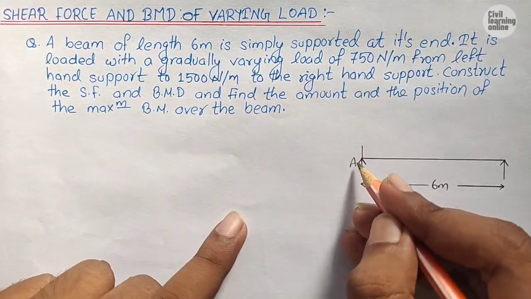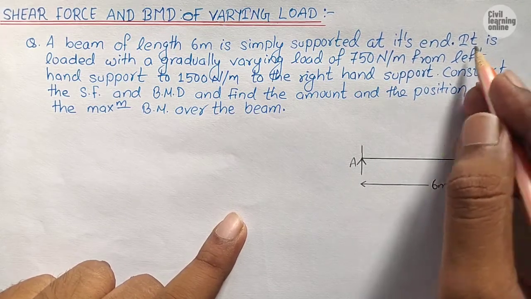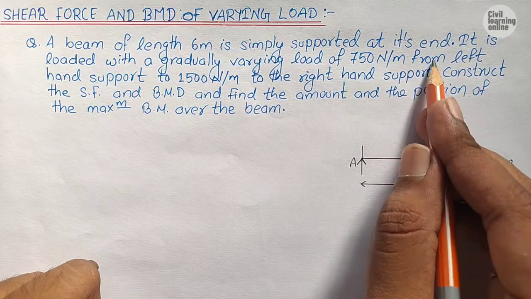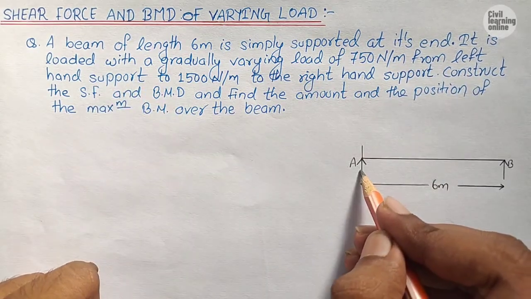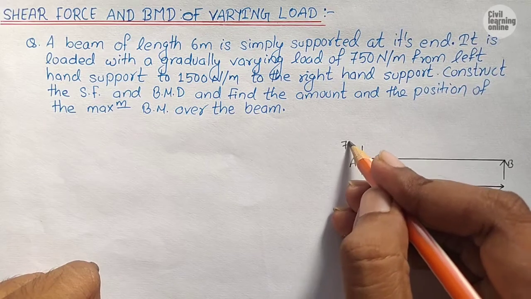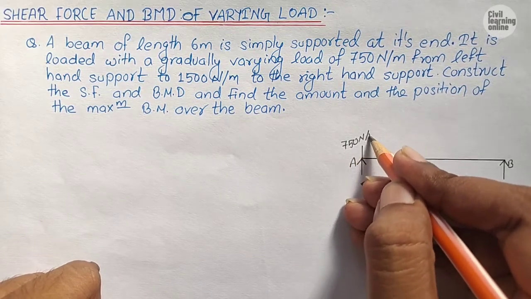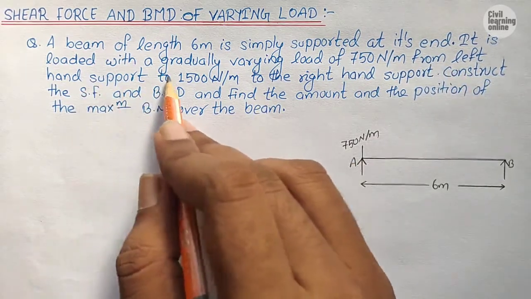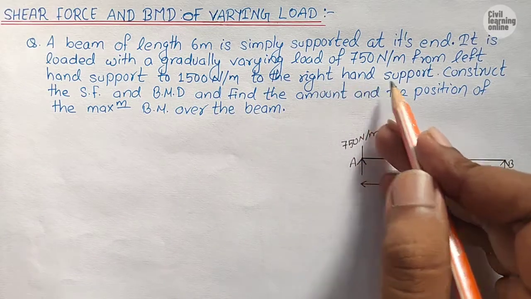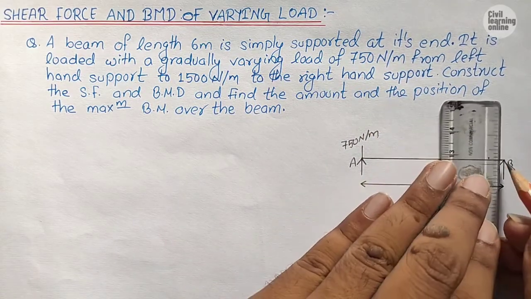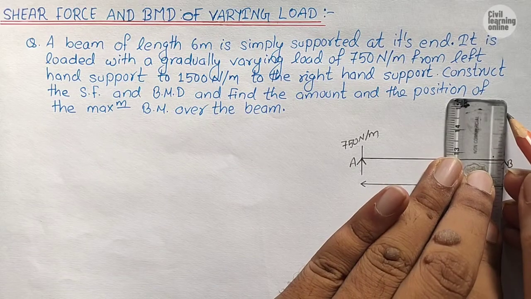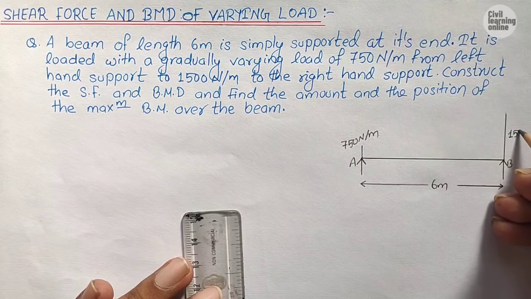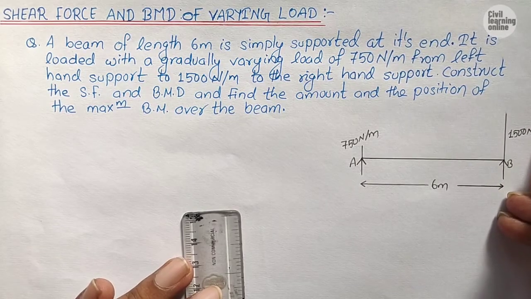Let the ends be A and B. It is loaded with a gradually varying load of 750 Newton per meter at the left hand support, and it gradually varies to 1500 Newton per meter at the right hand support, where the load becomes 1500 Newton per meter.